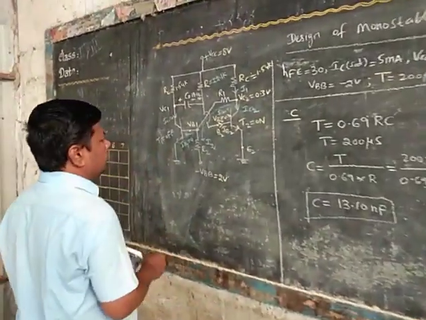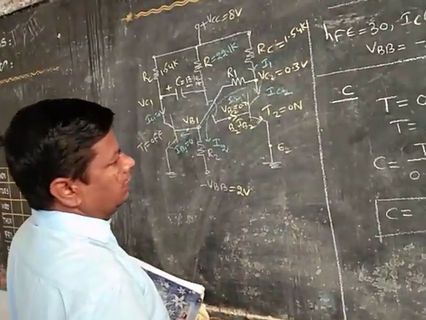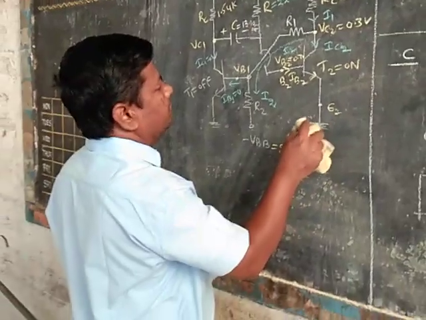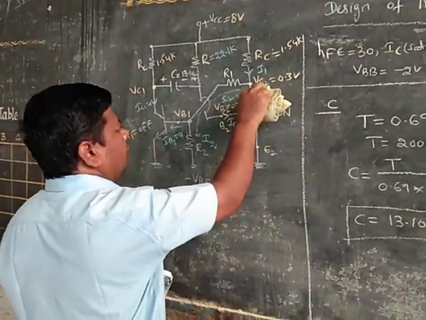Now we have to calculate the remaining values R1 and R2. Let us consider the semi-stable state. In stable state, T2 off, T1 on.